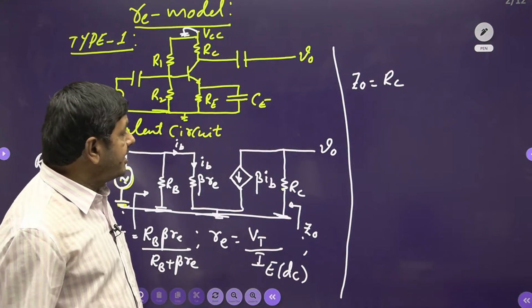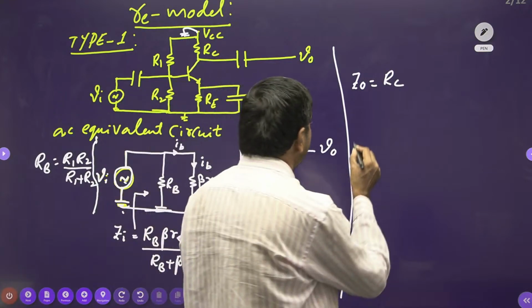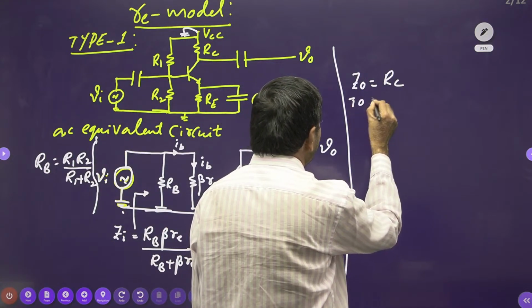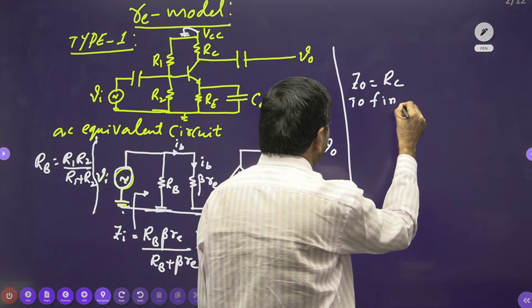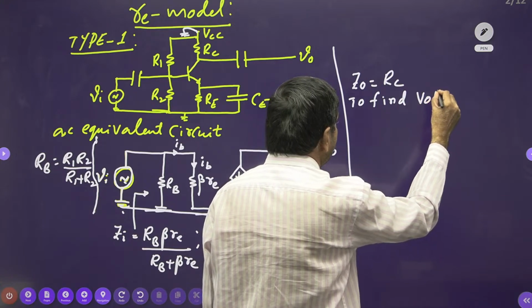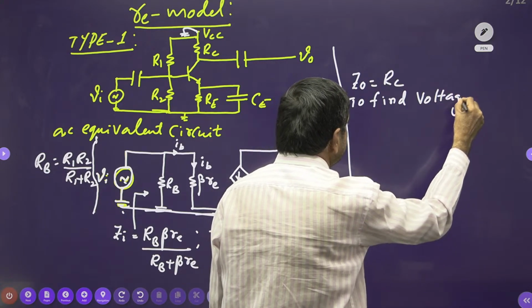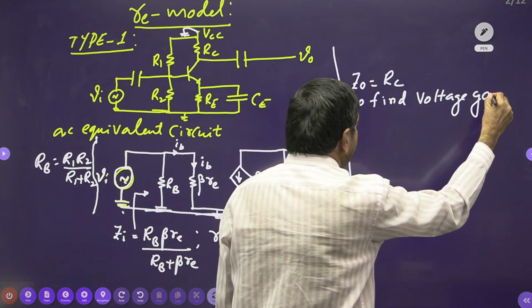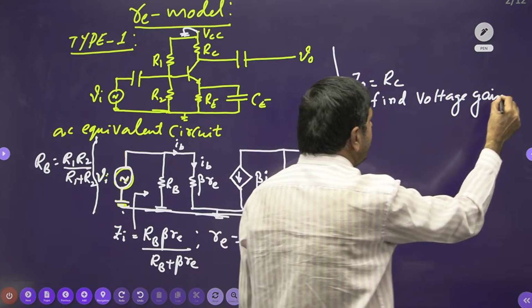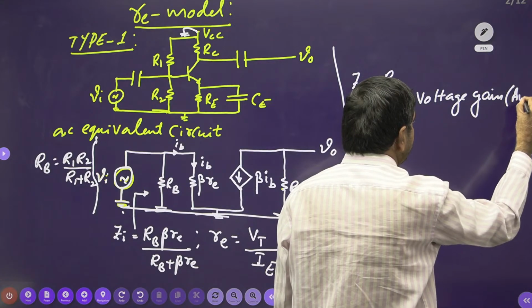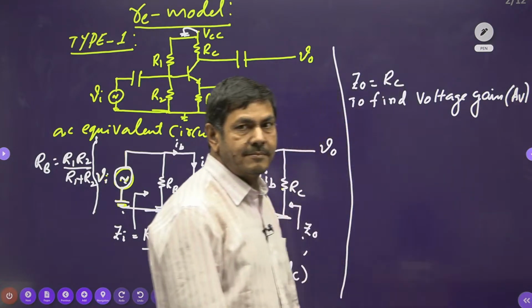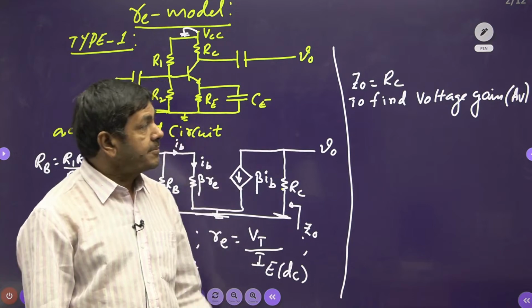But the next one is to find the voltage gain. The voltage gain is given the symbol A suffix V. This is more and more important. The questions you can expect are from this voltage gain.